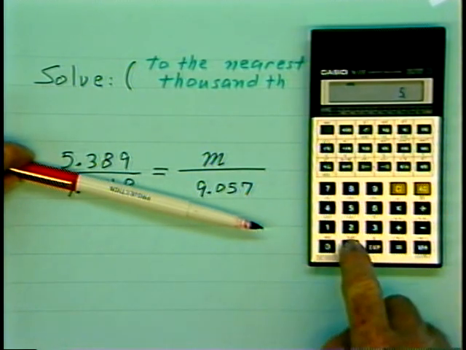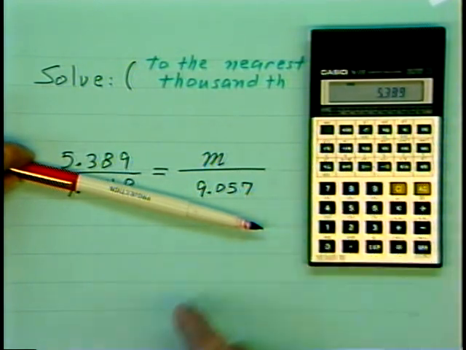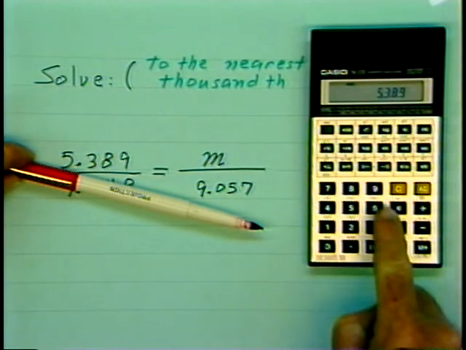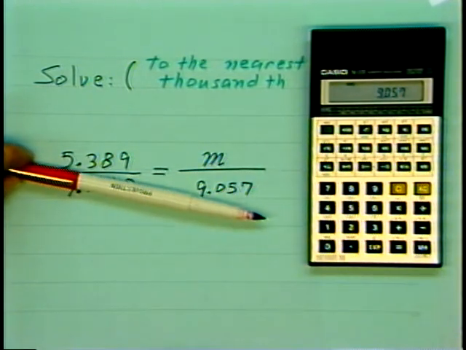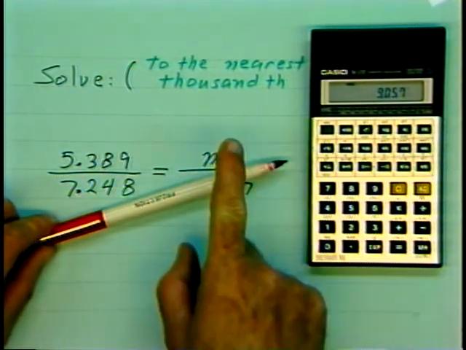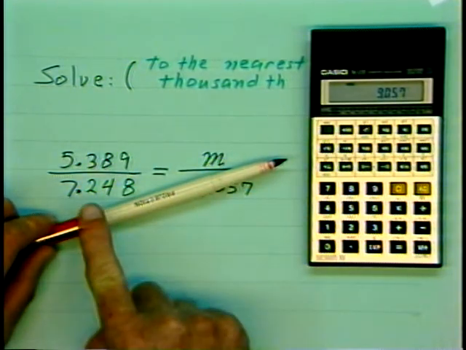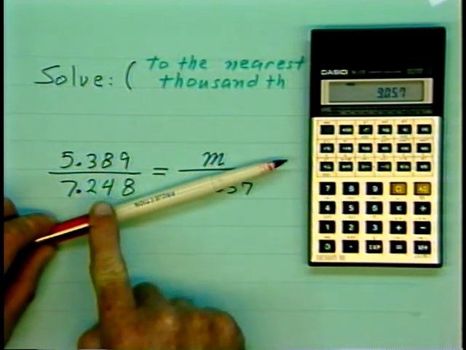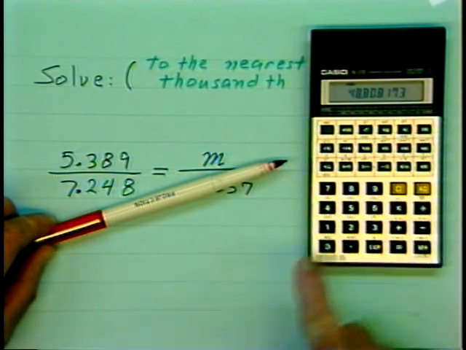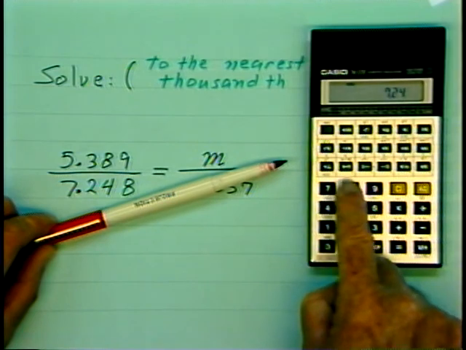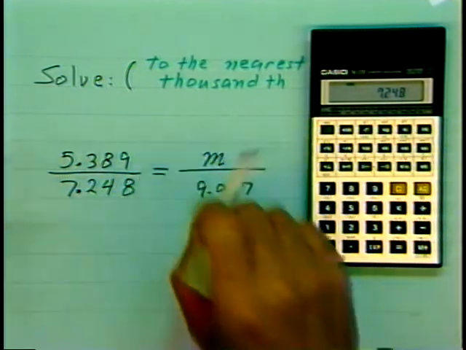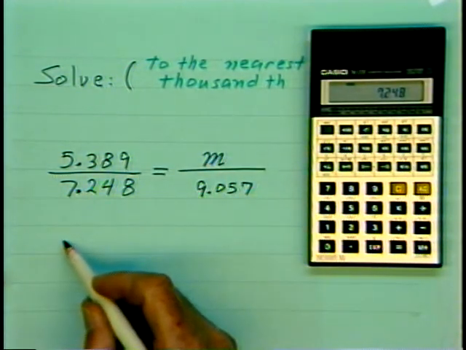So 5.389 times 9.057. Then you go to the other diagonal, which does have the variable, and you divide by the number on that diagonal. So divide by 7.248, and we will have solved for our variable, which is called m here.